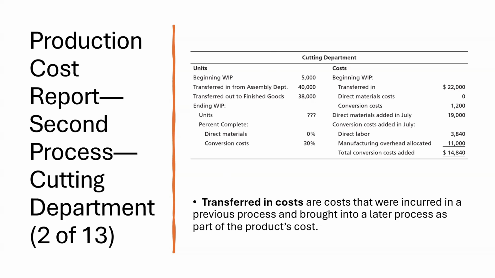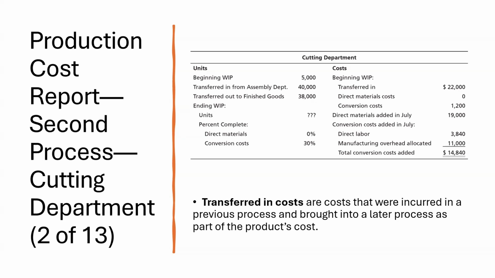Transferred in from assembly department, you see the 40,000. Transferred out to finished goods, you see 38,000. Then you have the ending work in process. So we know that the units are unknown. And you have the percent complete, which contains the sub-entries. Then you have the direct materials equal 0%. And the conversion costs equal 30%.